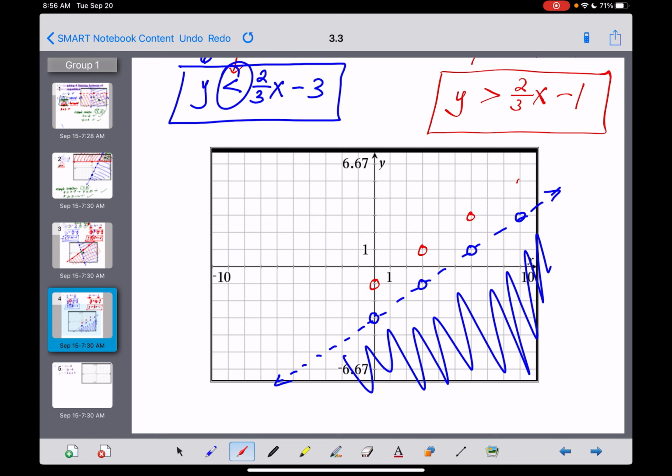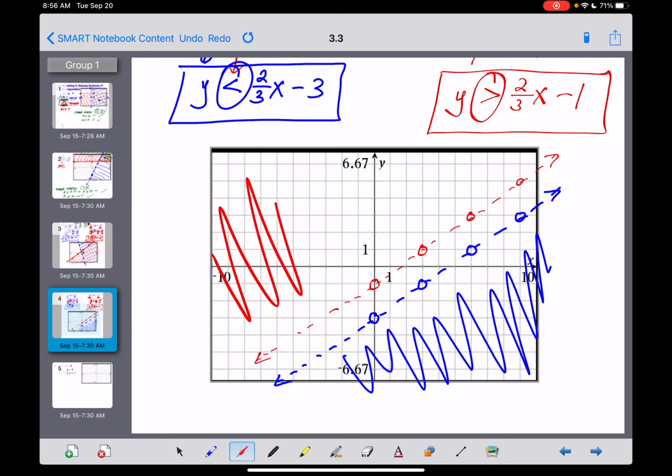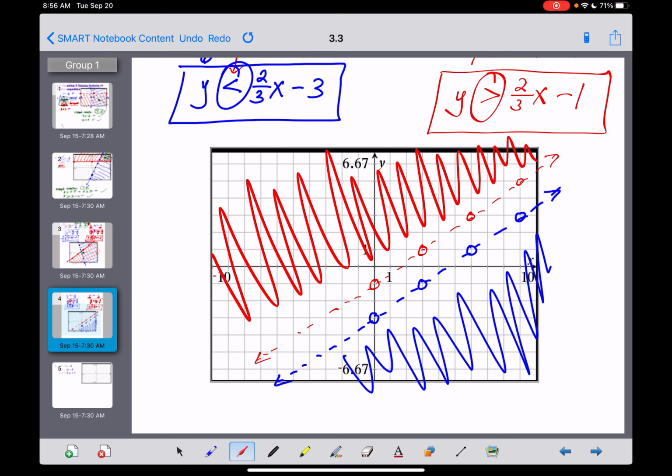And now we will draw again a dotted line that passes through all of those red dots. Okay, it looks like that. And now where are we shading? This inequality symbol is greater than, and with greater than, that means that we shade above the line that we just drew.